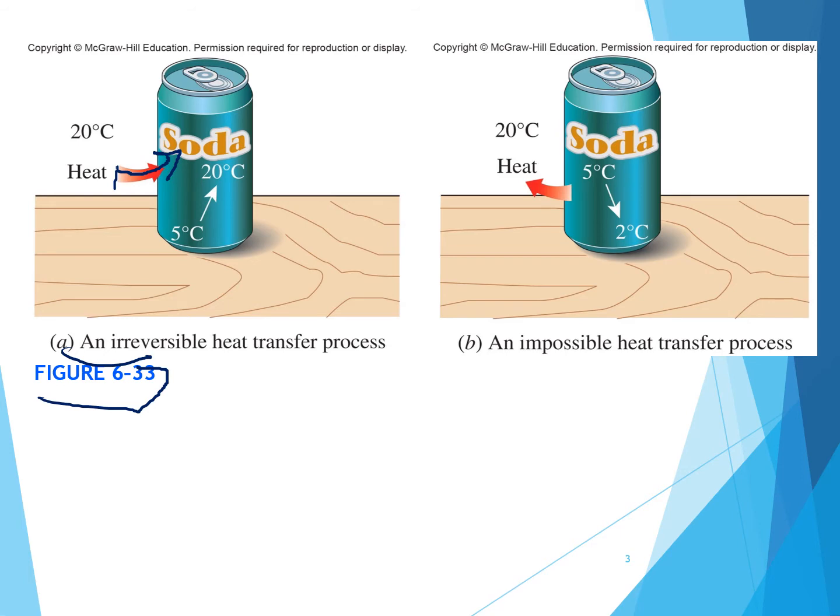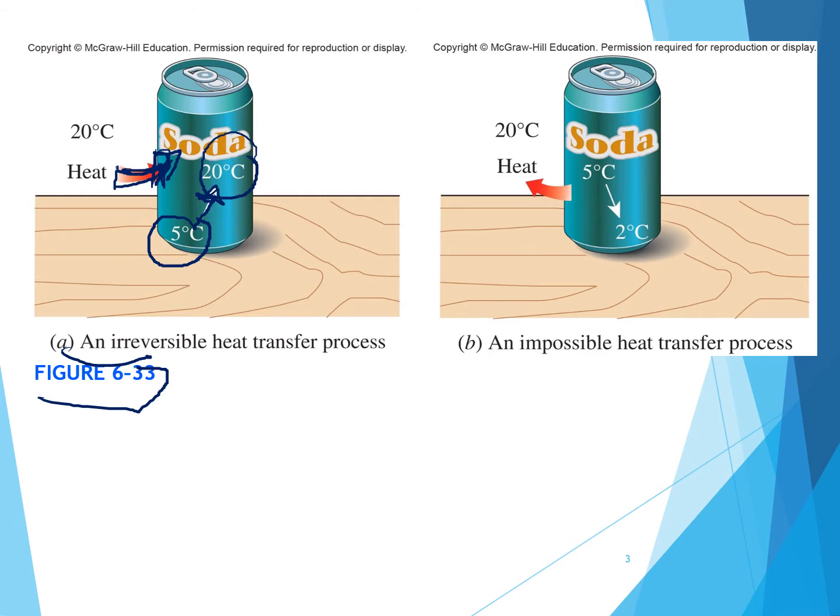Initially you have a cold soda with a temperature of 5 degrees C. If you leave it in a warm room, eventually this soda will absorb heat from the room, which will increase the temperature from 5 to 20 degrees C.